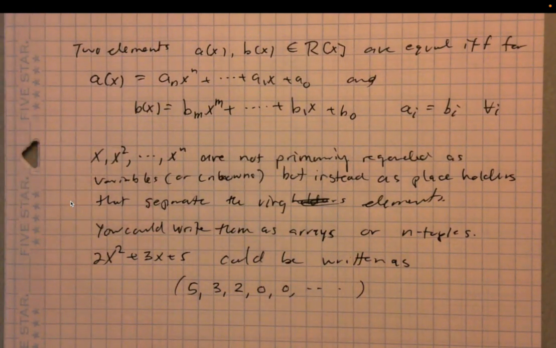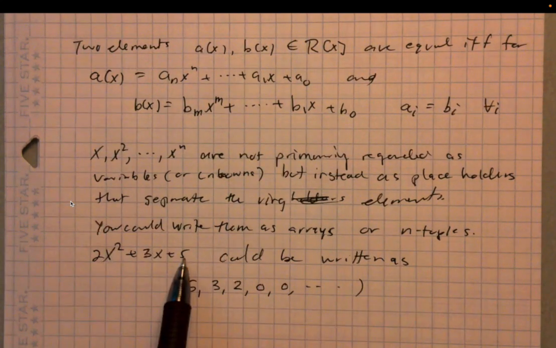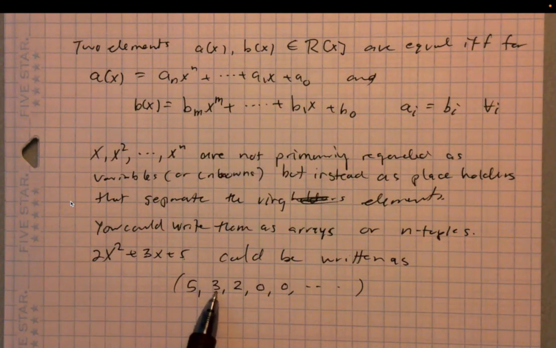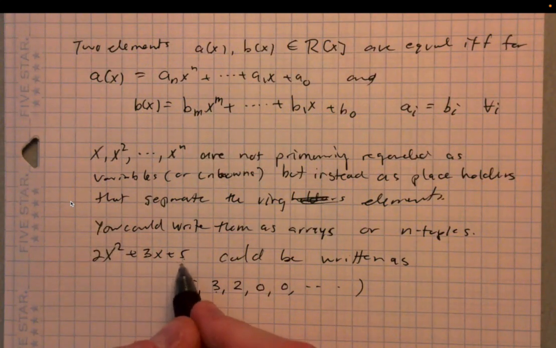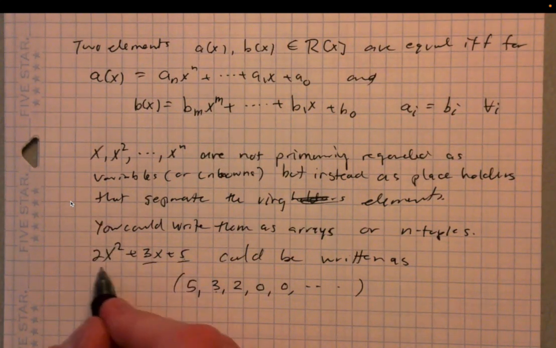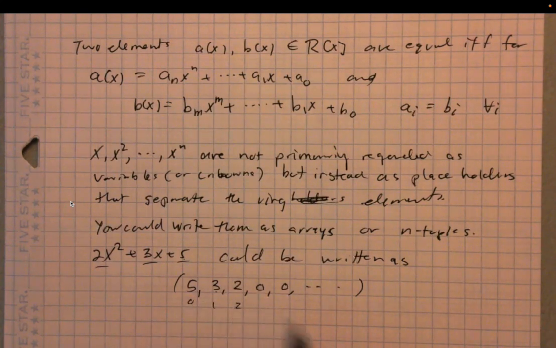This would be another way to write it, and would preserve all of the meaning that we need from the ring theory point of view. 5 is the coefficient on x to the 0, 3 is the coefficient on the x to the 1 term, 2 is the coefficient on the x squared term. So it's really just placeholders: the 0 position, the 1 position, the 2 position, and so on.